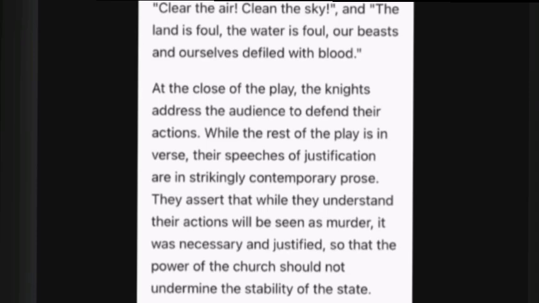Another theme here is time. They say the question of time runs through the entire play and informs the theology behind Thomas' recognition of his role as a martyr. Time is presented as an earthly human concern in the play.